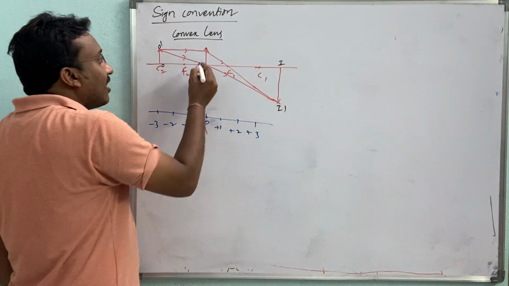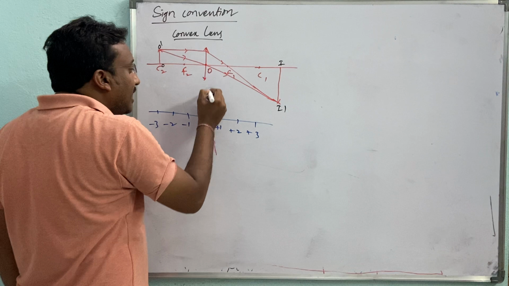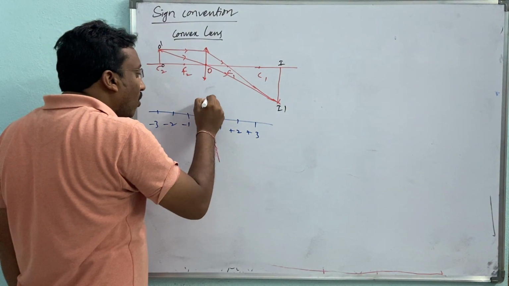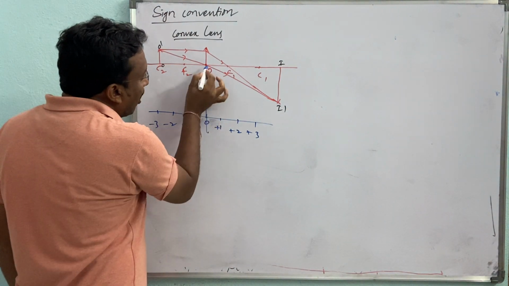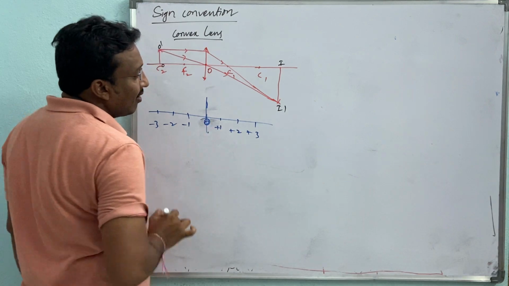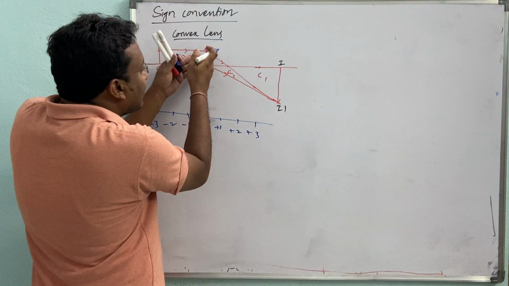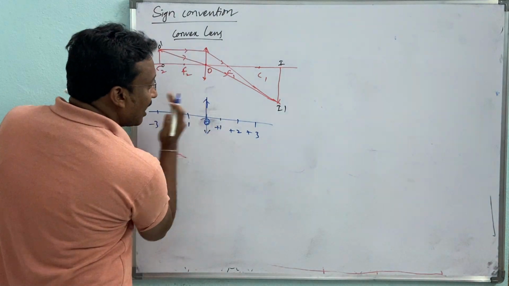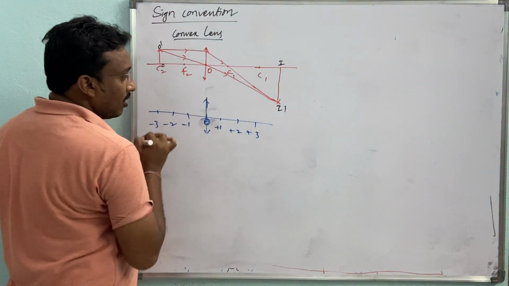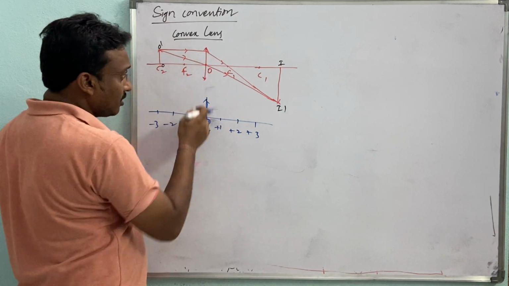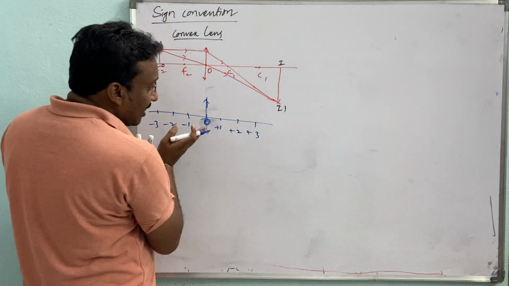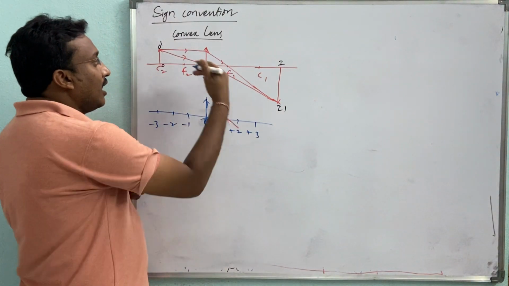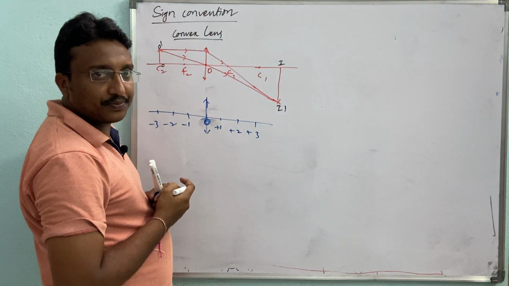See here, this optic center also lies on the origin. Here you can think that the optic center also lies on the origin, right? This lens, for example, I kept on the number line, the optic center at the origin. So same. Now the right side we have to take positive, left side we have to take negative.